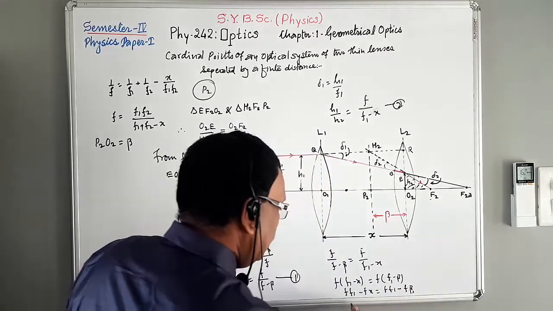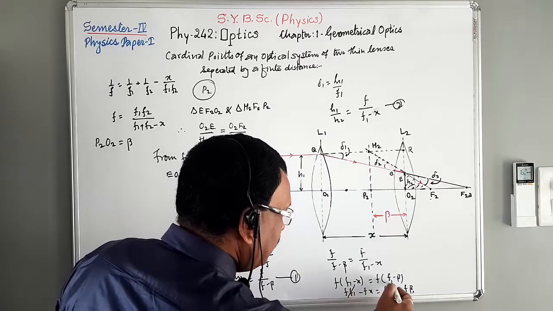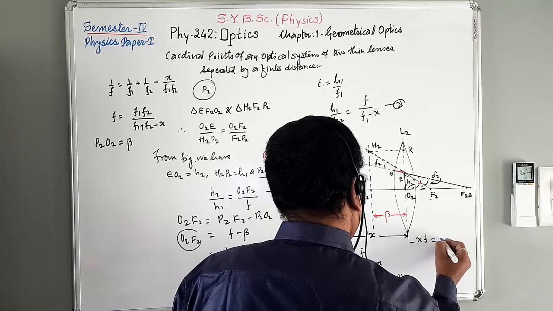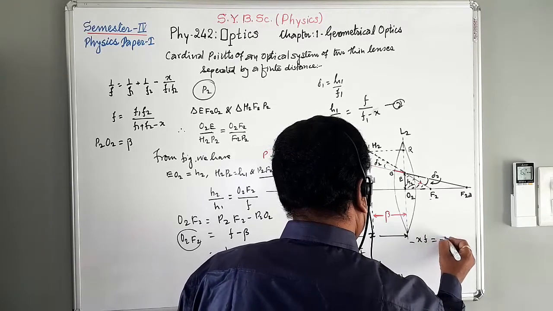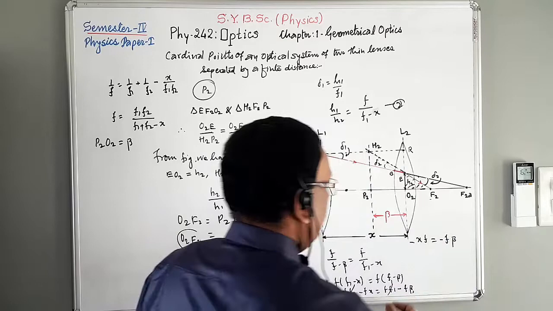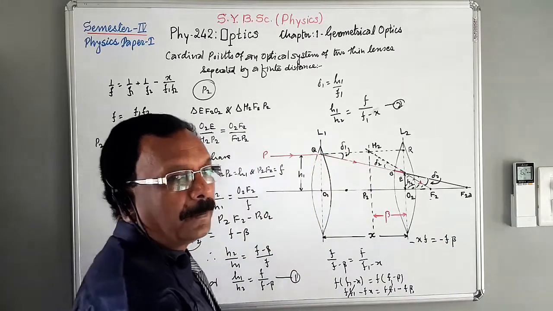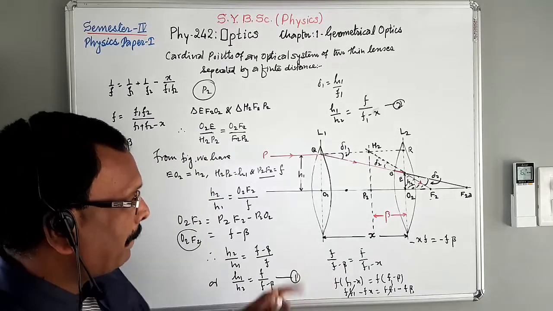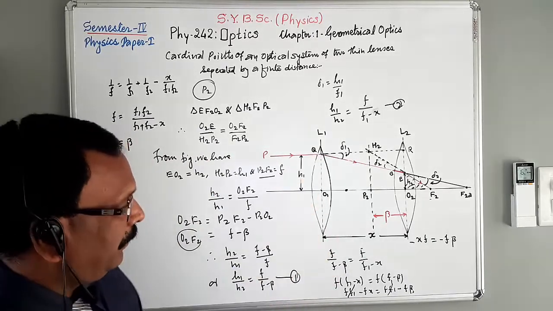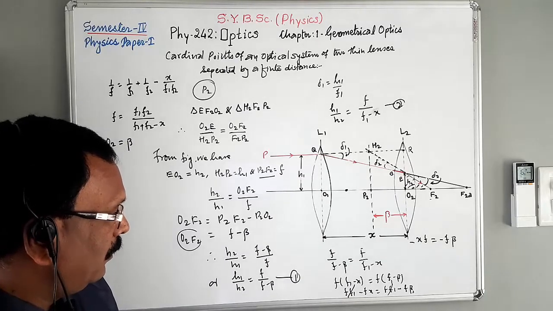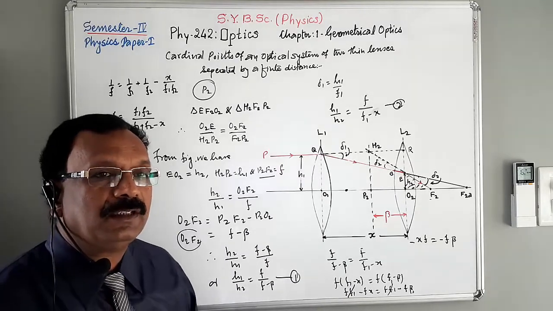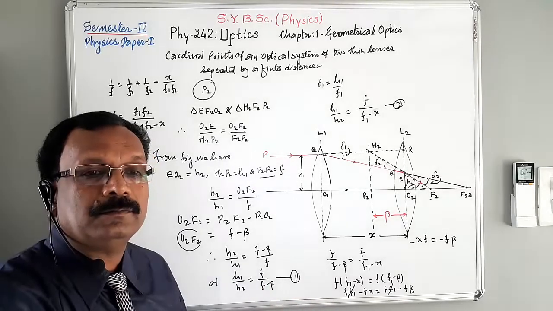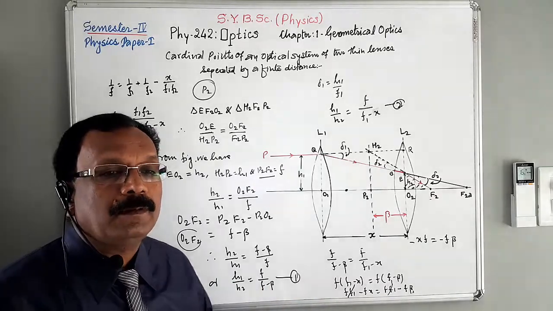See here, in this equation this term is getting cancelled with this term, and we have only minus X into F is equal to minus F into beta.